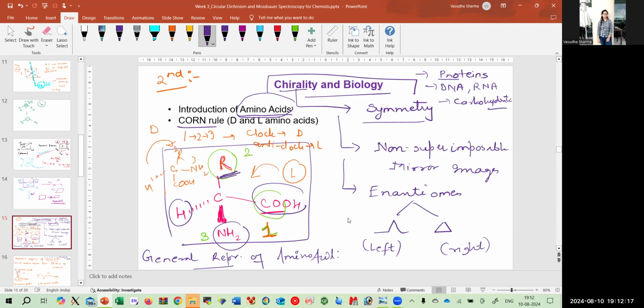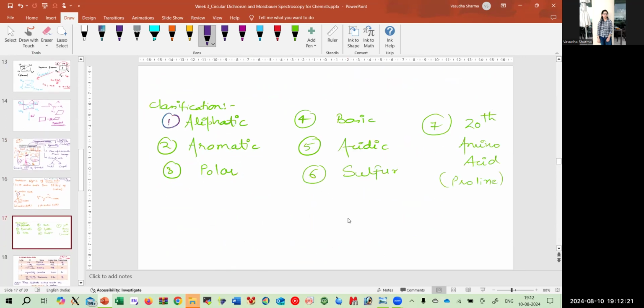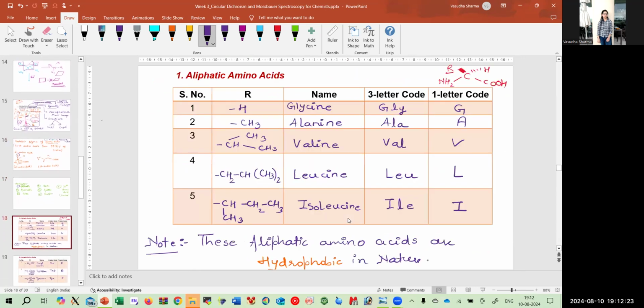Mostly in nature we find L amino acids, and here we have seven classifications, starting from the aliphatic, where we have glycine, alanine, valine, leucine, and isoleucine. These are all aliphatic because the R groups are aliphatic, and their letter codes are given.